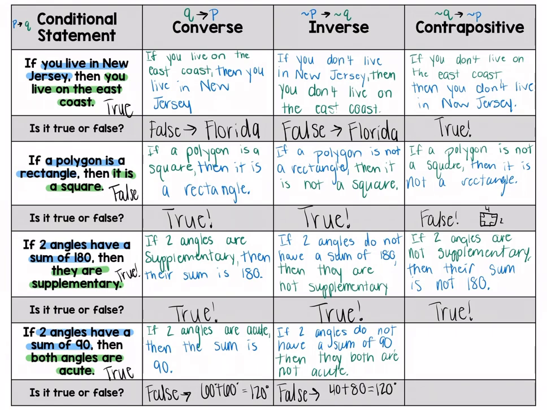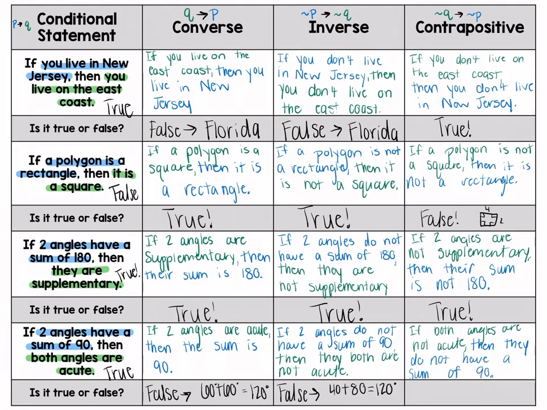And then the last one, the contrapositive. So if both angles are not acute, then they do not have a sum of 90.